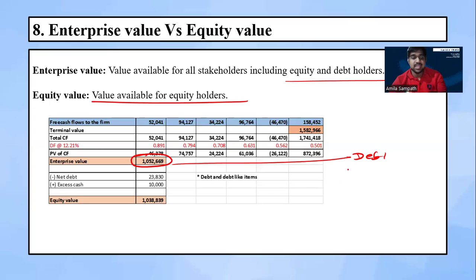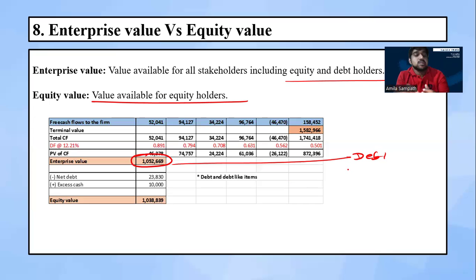And if we have some cash in hand, then we can use this cash in hand to settle our debt holders. Anytime we can settle, and then remove these debt holders from our business. No issue.